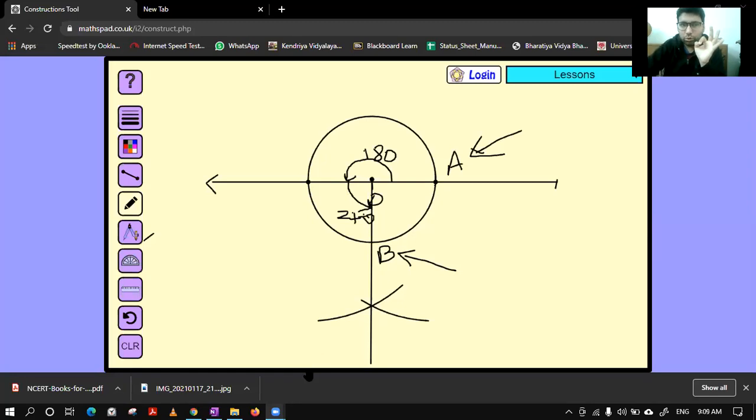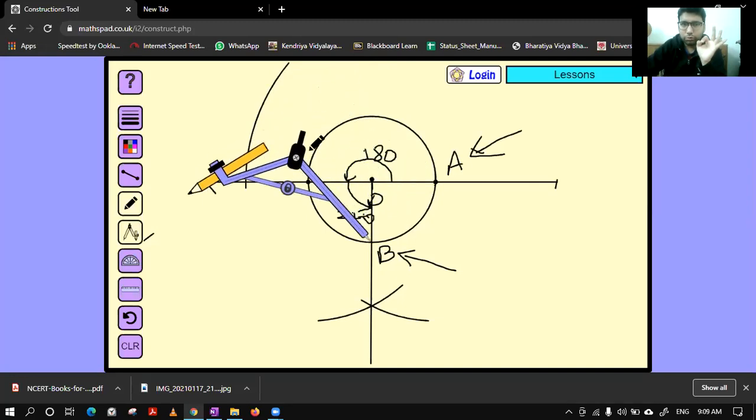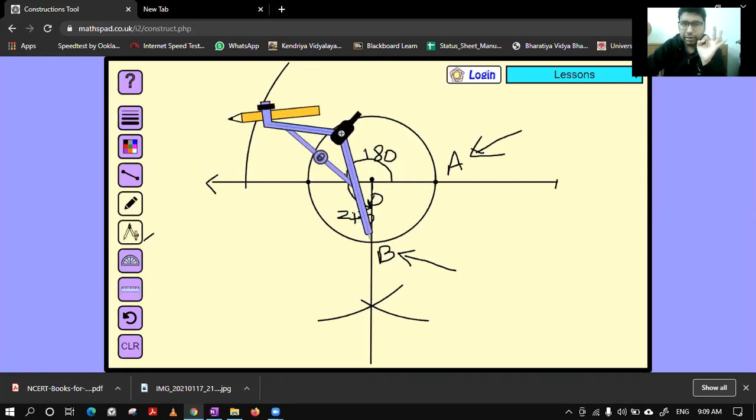Now let's try to bisect A and B. To bisect, we have to open it a little bit more. Let me keep it over here on point B and take the arc.